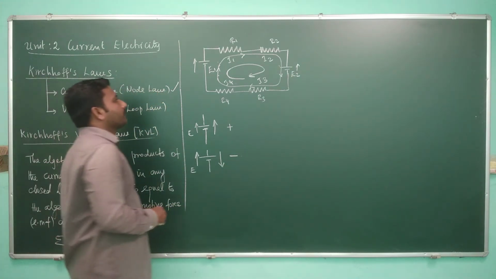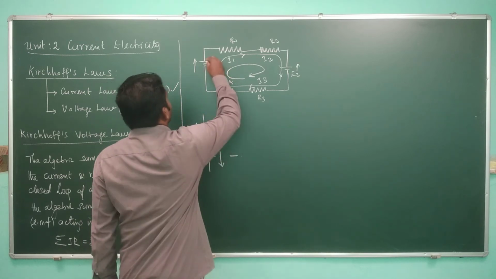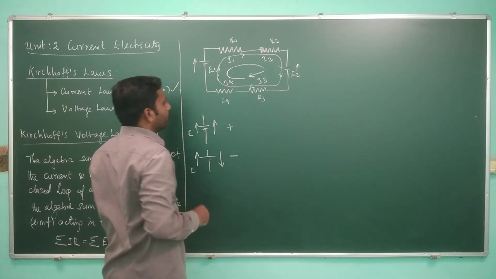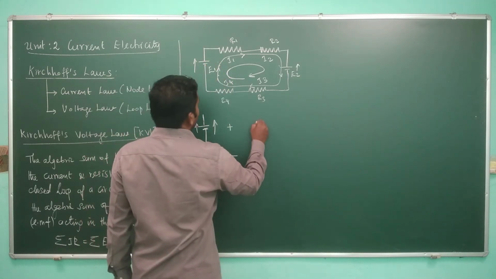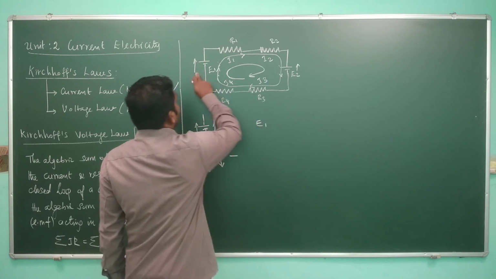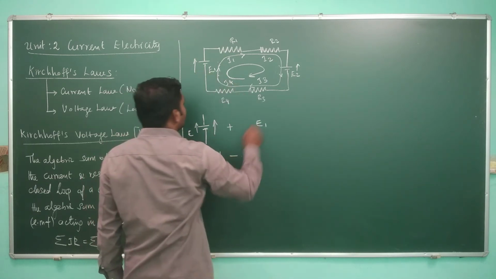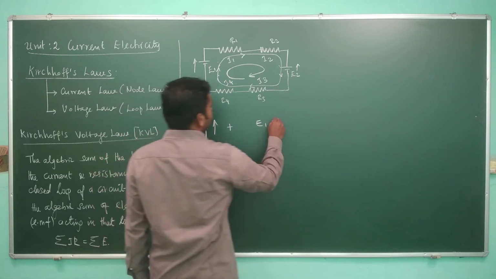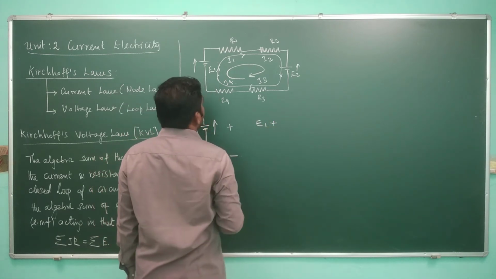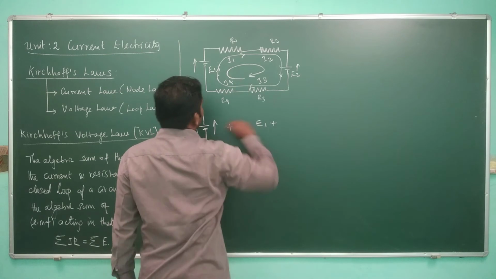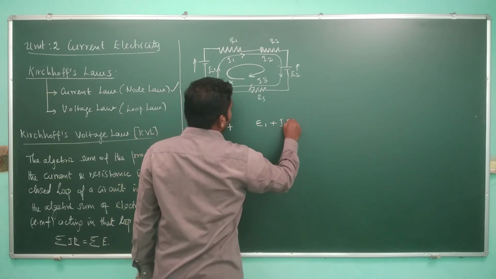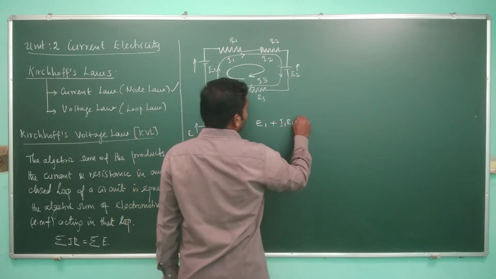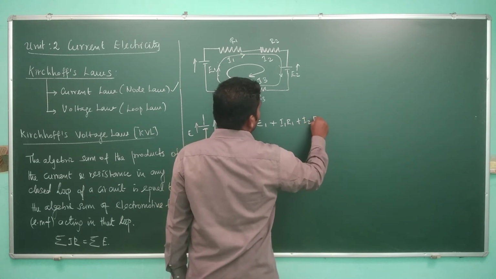In that way, now you apply here. Let us start from this point with E1. It is plus because current direction and loop direction are the same, E1. Then plus the algebraic sum of the products of the resistance and current, that is I1 R1 plus I2 R2.